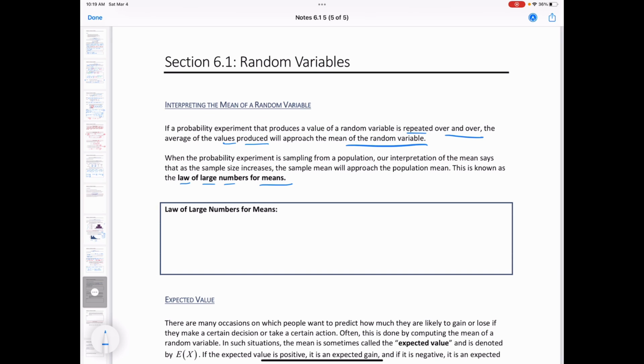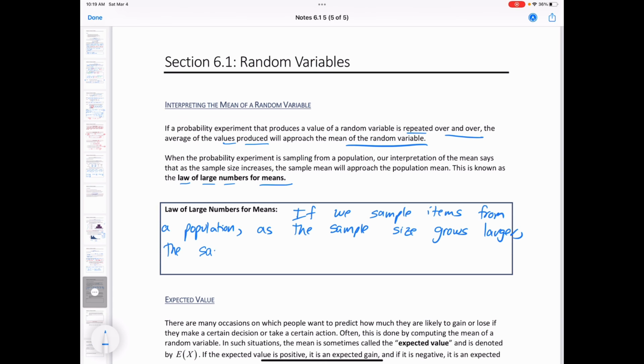So what that's saying is if we sample items from a population, like those computers, as the sample size grows larger, the sample mean will approach the population mean.